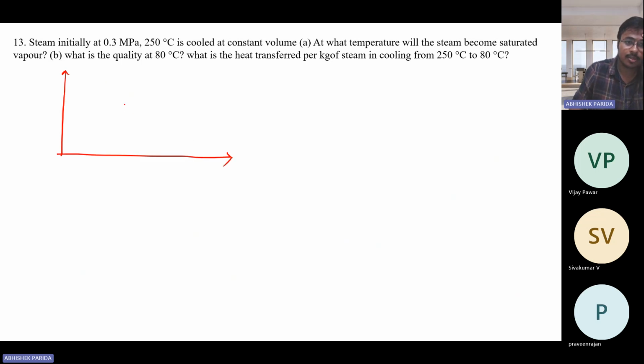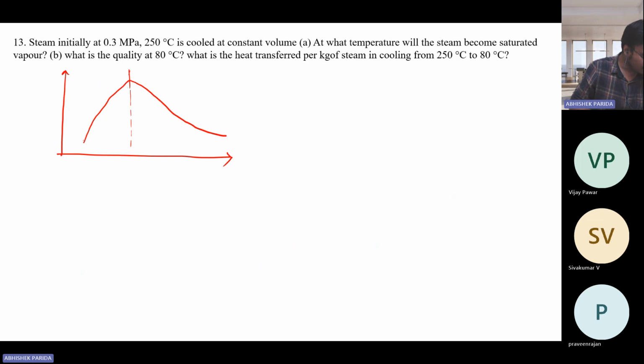Steam initially is at 0.3 megapascal, at 250 degrees Celsius. Sorry for the curve. So 0.3 megapascal means 300 kilopascal.